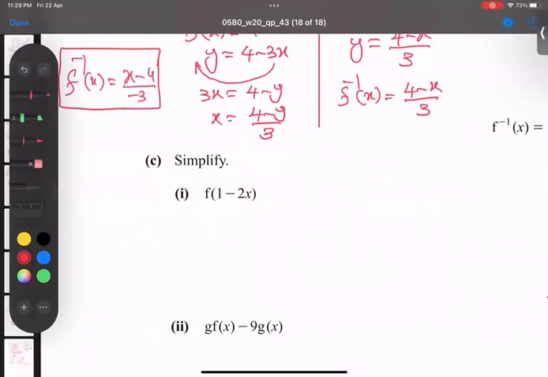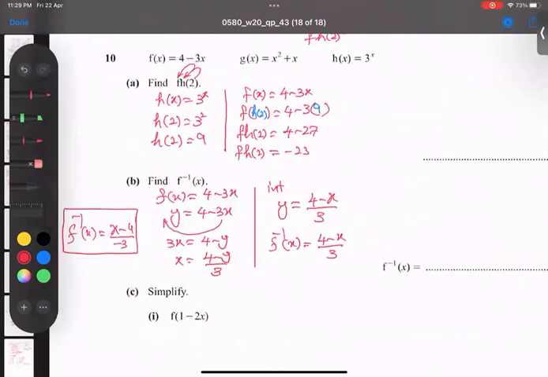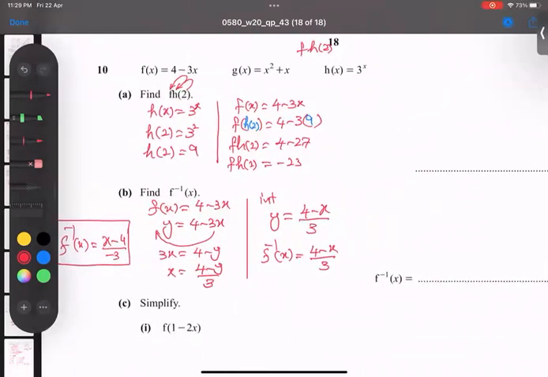Now this question, f of 1 minus 2x. How to deal with it? First of all, I always do function copy. This is a very good habit. After copying the function, how many x's? Empty spaces. You see, 4 copy, minus 3 copy. Only in the place of x, I left empty spaces.